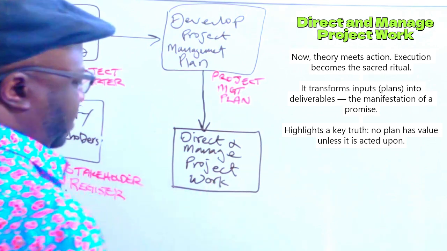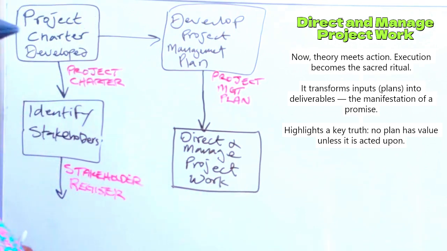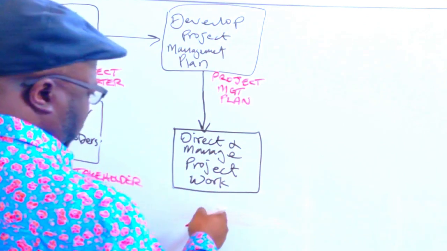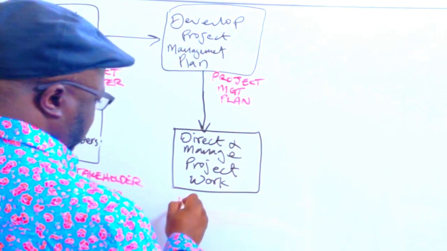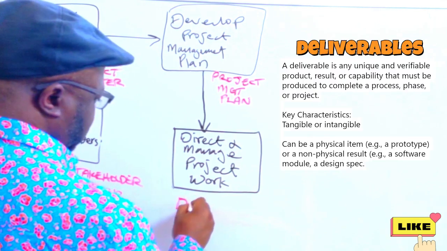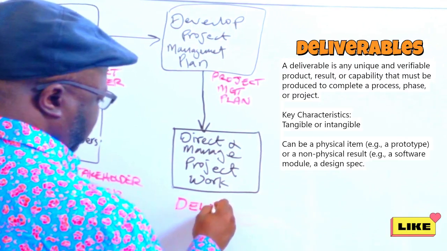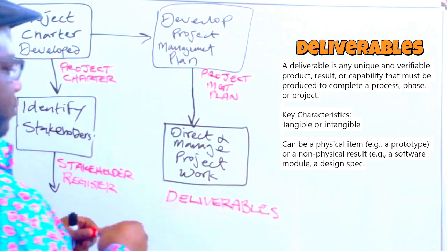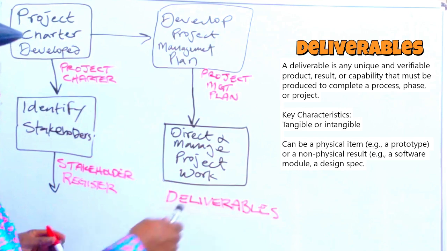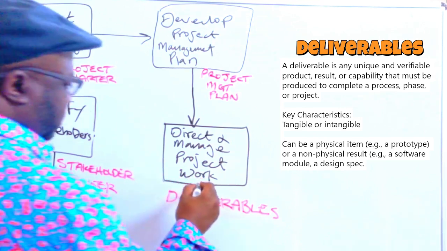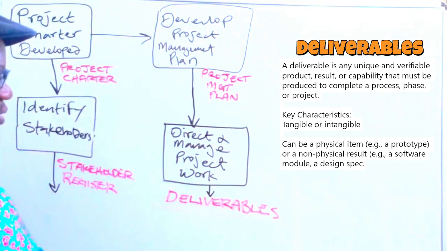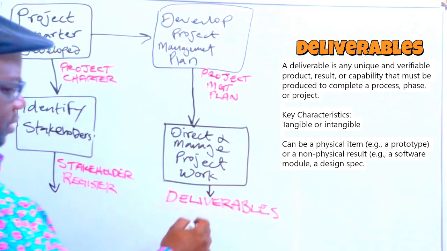Now, from here, a number of things could happen. As a result of the direct and manage project work process, we get an output known as deliverables. All right, we get deliverables as a result of carrying out the work. Deliverable just means it's a product, it's a service, or a result of some sort.